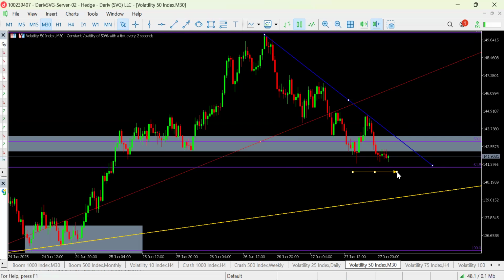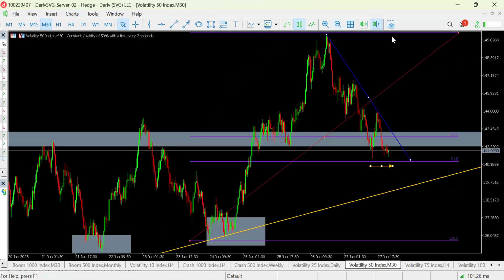But like I said, we have to be very careful. I think this trade is going to buy, and my stop loss will be underneath this place, and then my take profit will be here. So we can see that this will give us a very massive risk to reward. However, you have to monitor the trade closely and then apply proper risk management.